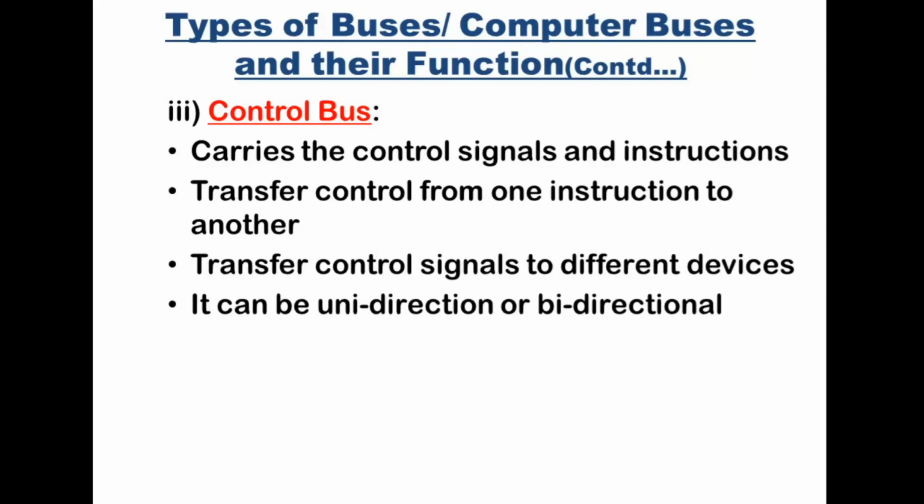Unidirectional or bidirectional means the control bus can only transfer the control to any component inside the CPU, inside the computer system, or it can transfer the control to the component, get a signal or some data back, and then transfer it to another component. So that is why it can be unidirectional or bidirectional.